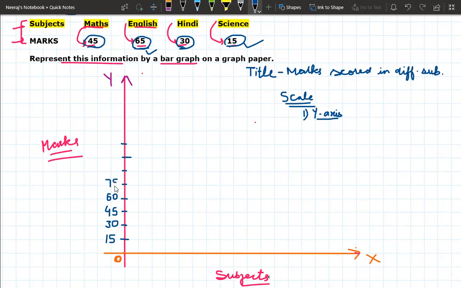So as you can see that the last number is 65, you have to draw till 75 because you have to write the multiples of 15 only. So every time I am getting a gap of 15.